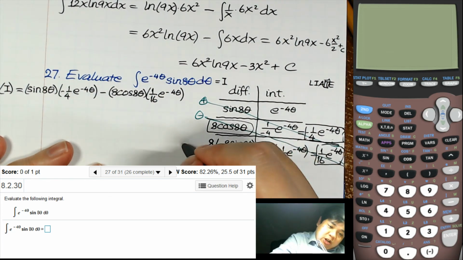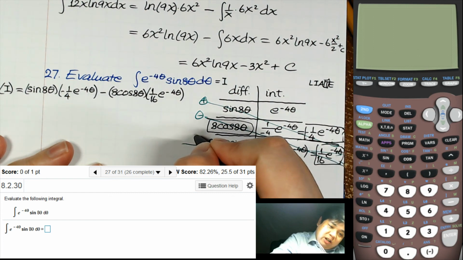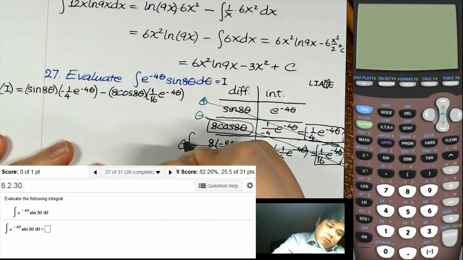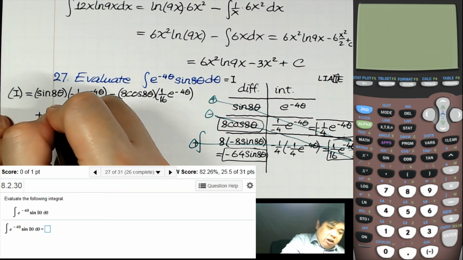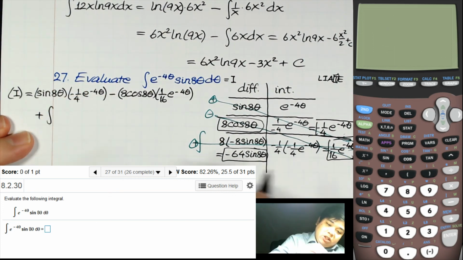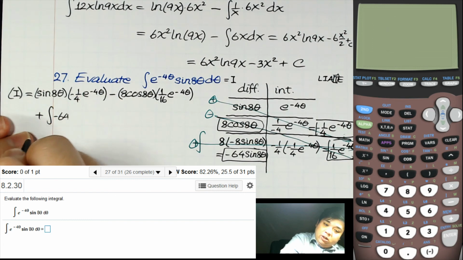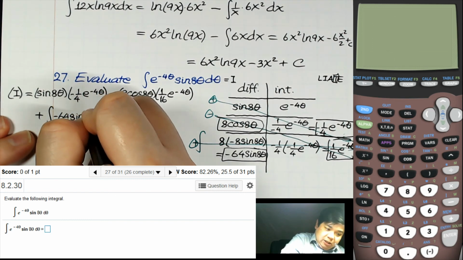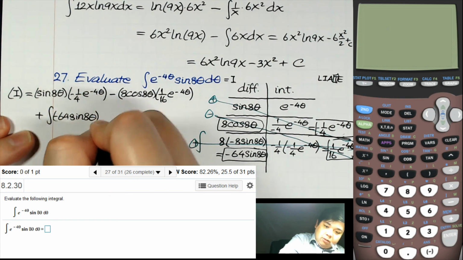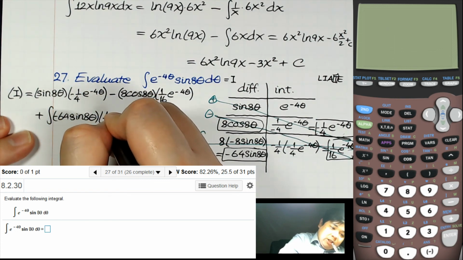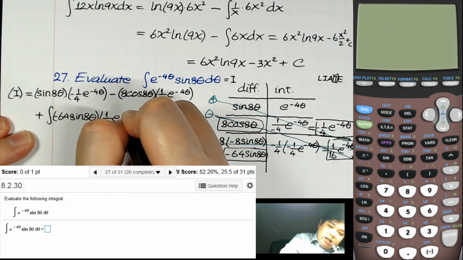And then we're going to stop using the horizontal line. The next one is going to be a plus. When we stop, we do the horizontal line and we just multiply those two. Negative 64 sine of A theta, 1 over 16 e negative 4 theta.